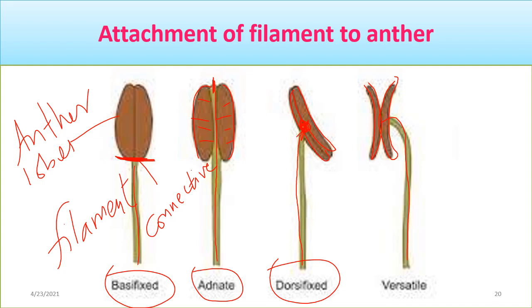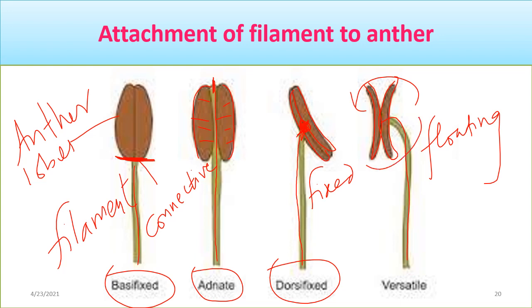Actually this point is fixed and this point is floating. So this can rotate in 360 degrees, but this is fixed. This cannot rotate. So because of this floating or rotating ability, this is called versatile.